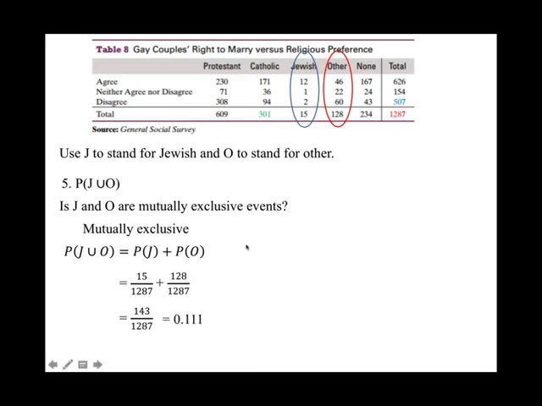Use the decimal, it should be 0.111. Probability is always between 0 and 1, so your final answer should be a number between 0 and 1. If you find something greater than 1, it means you made a mistake. That's it for section 5.2.